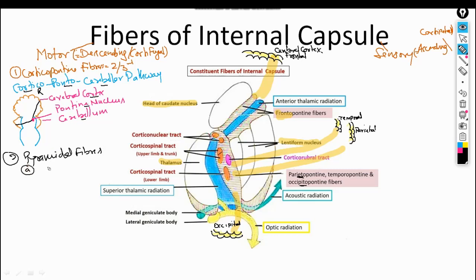First is the corticonuclear, and second one is corticospinal. These corticonuclear fibers are present in the genu of the internal capsule. We can see this corticonuclear here in the genu.